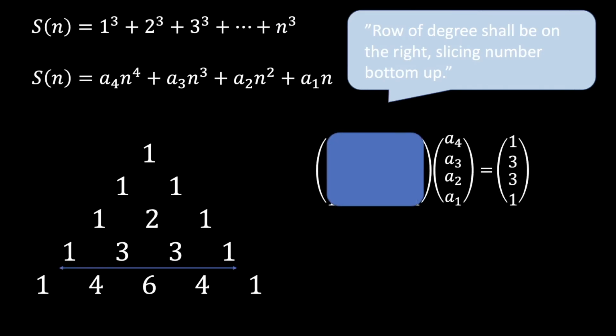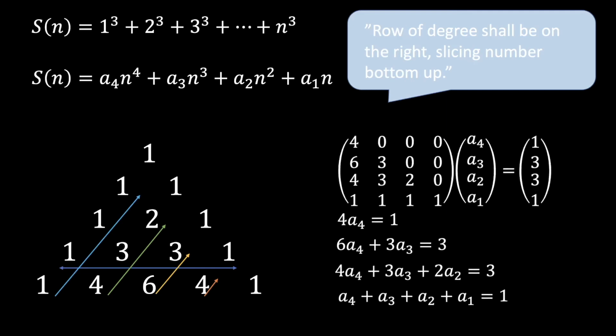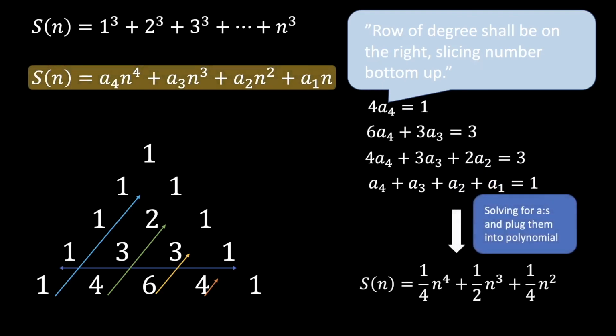To get the first row on the left side, we skip the diagonal ones and slice one number bottom up and fill in the rest with zeros. For the second row, we slice two numbers starting at the bottom and end diagonally upwards, followed by 3 and finally 4. After completion, you can convert back to a system of equations format if you like and solve for the coefficients. This is the final answer for this example.